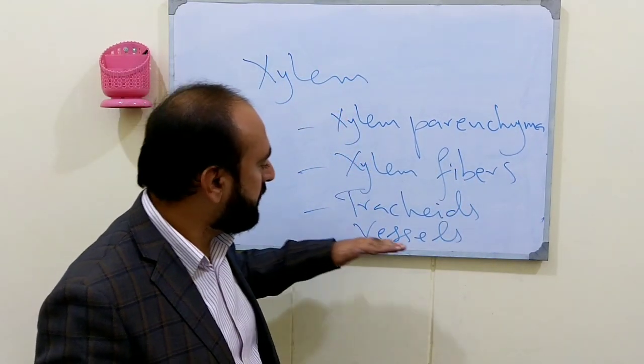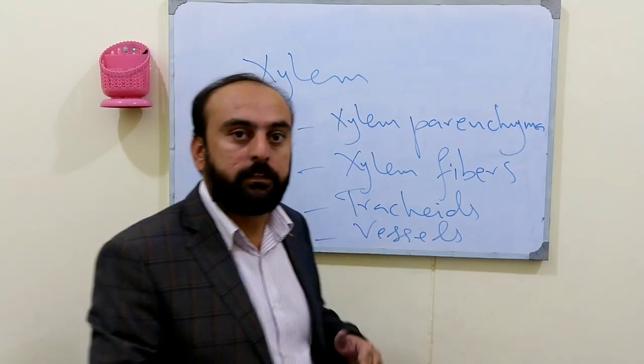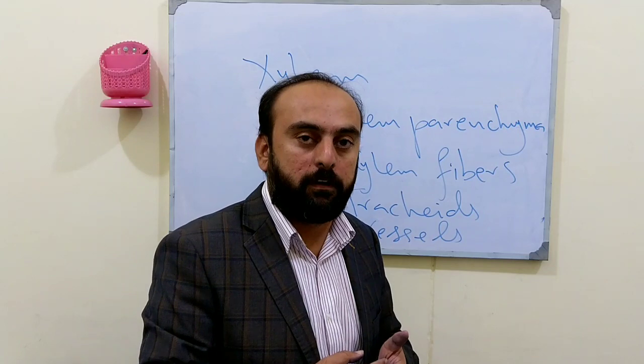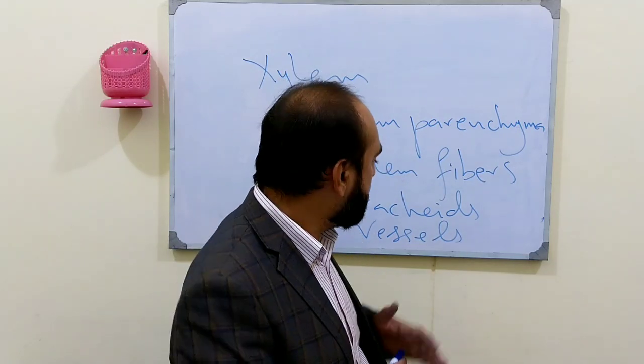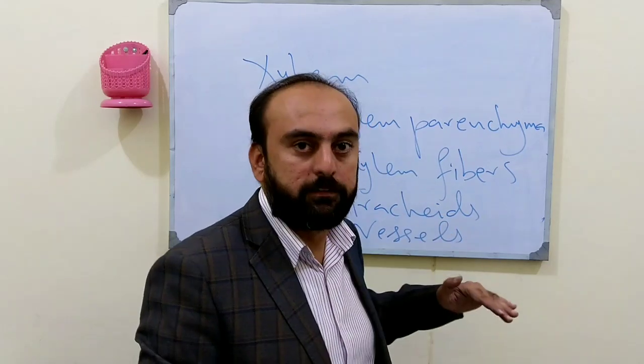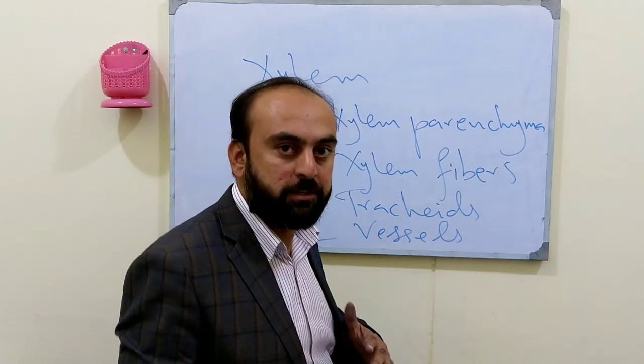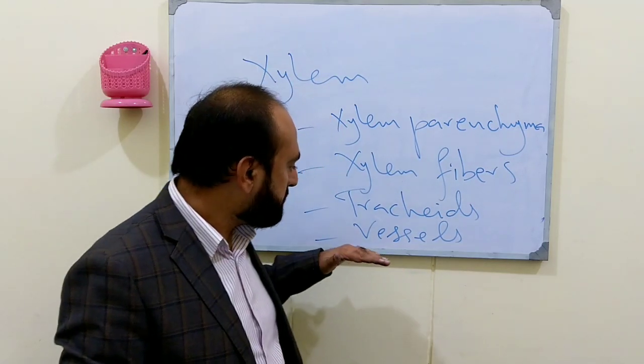Tracheids and vessels are dead at maturity, and they actually make up the conducting system of the xylem, or they actually transport the water and minerals from roots to other parts of the plant, or from root system to shoot system.